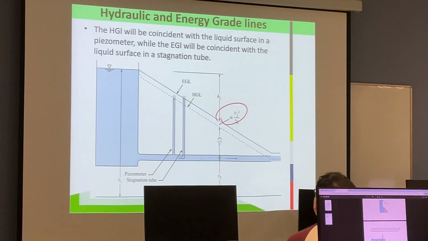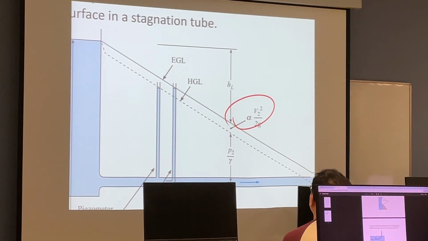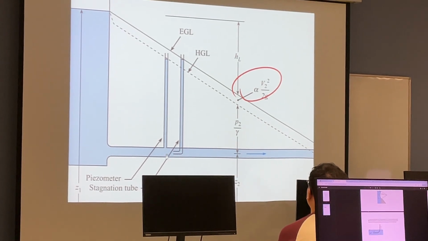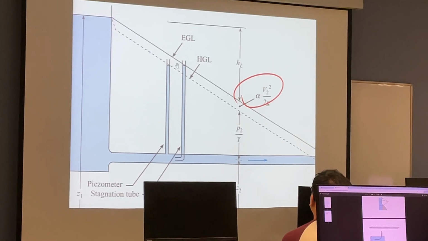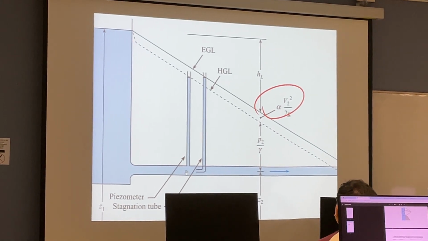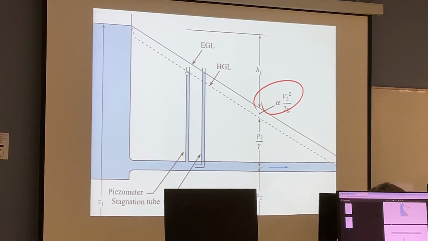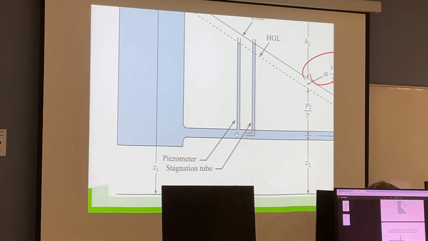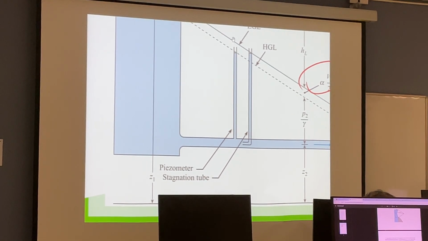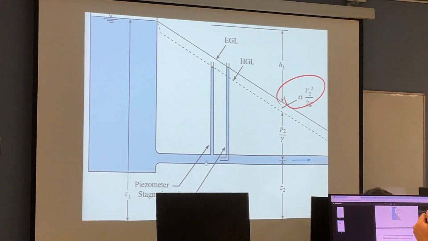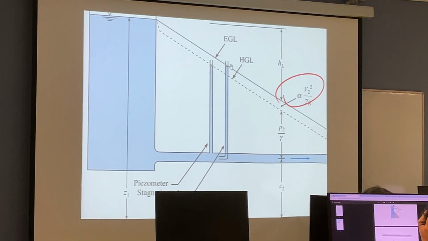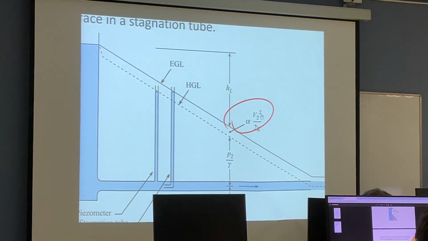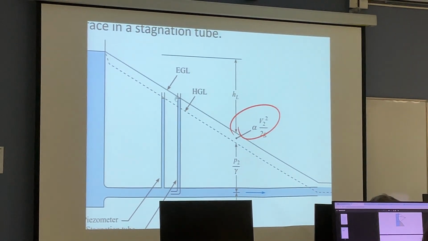So if there is a stagnation tube or pitot tube inserted into the pipe, the water level will be higher than in the simple manometer. The simple manometer represents the pressure head, and together with the elevation it gives the piezometric head for its visible water level. For the stagnation tube or pitot tube, the visible water level indicates the height of the EGL, because it adds the additional velocity head.